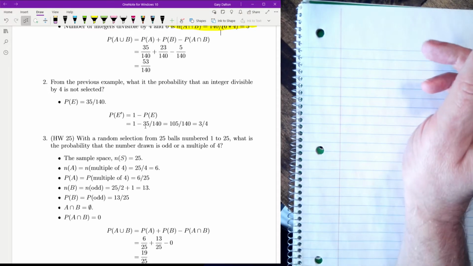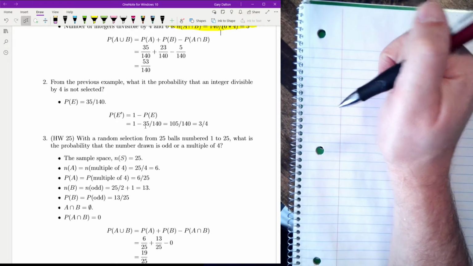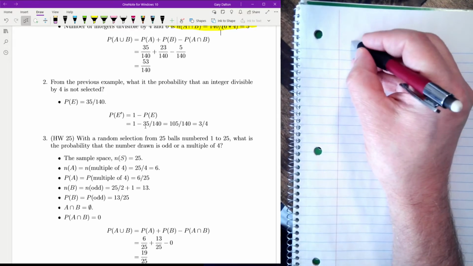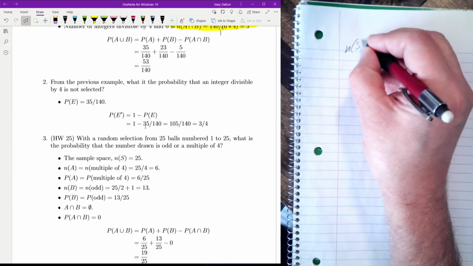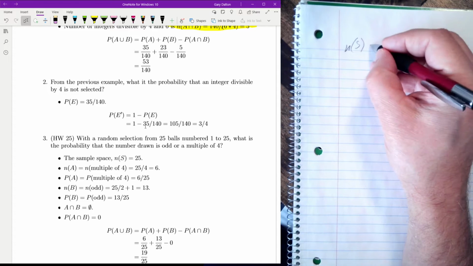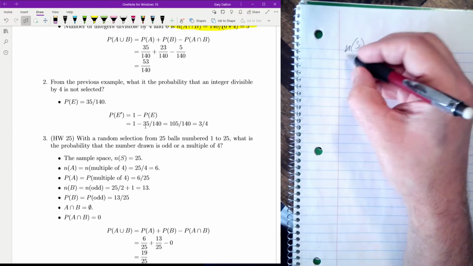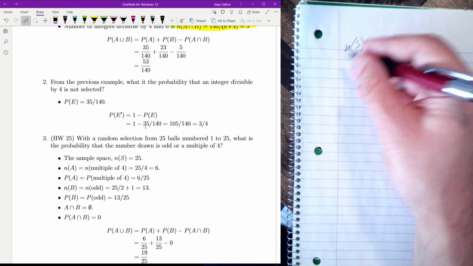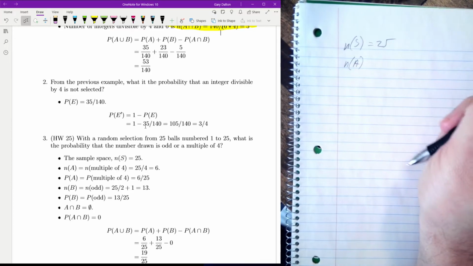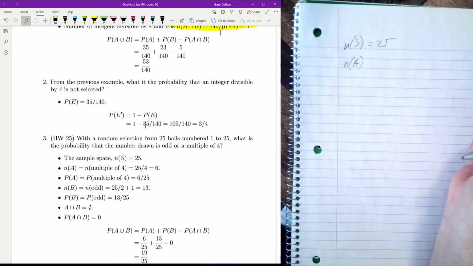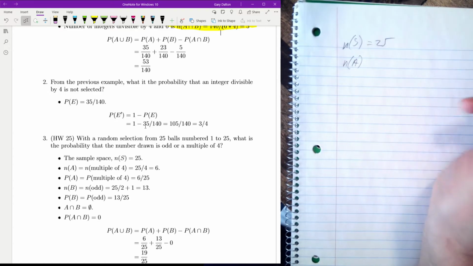Okay, well, let's work our way through it. So, what is the sample space? The size of the sample space is equal to 25. There's 25 balls. What is the n of A? That is, how many elements in this are divisible by 4?